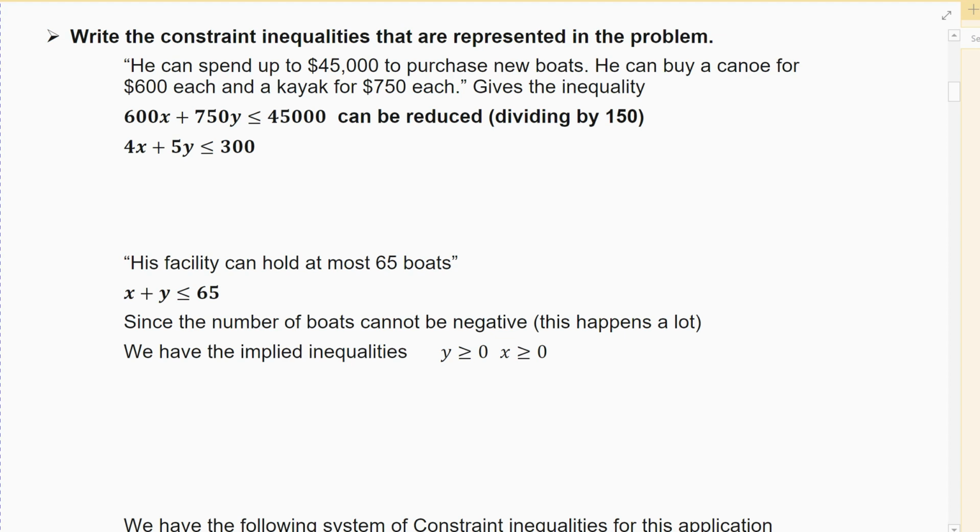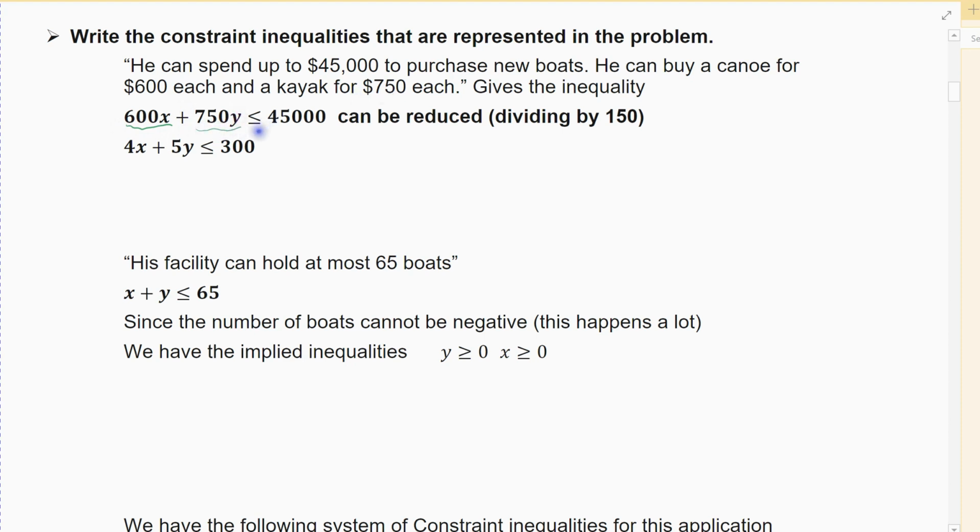He's going to spend it on his canoes and his kayaks, and the canoes are worth $600, the kayaks are worth $750. And so the starting is a lot like the equation we would have done in chapter 3. X represents canoes, so I have X of them. Each of them is valued at $600. Y's are kayaks. Each of them is valued at $750.